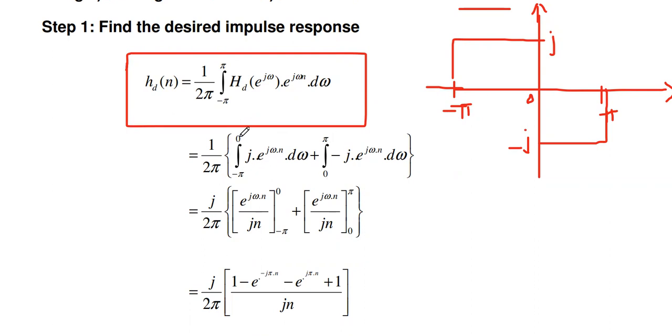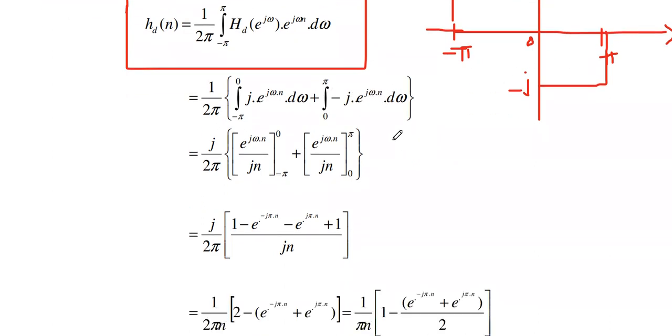For minus pi to 0, HD of e power j omega is j, so j into e power j omega n d omega. Then plus integration 0 to pi, where the value is minus j, so minus j into e power j omega n d omega.